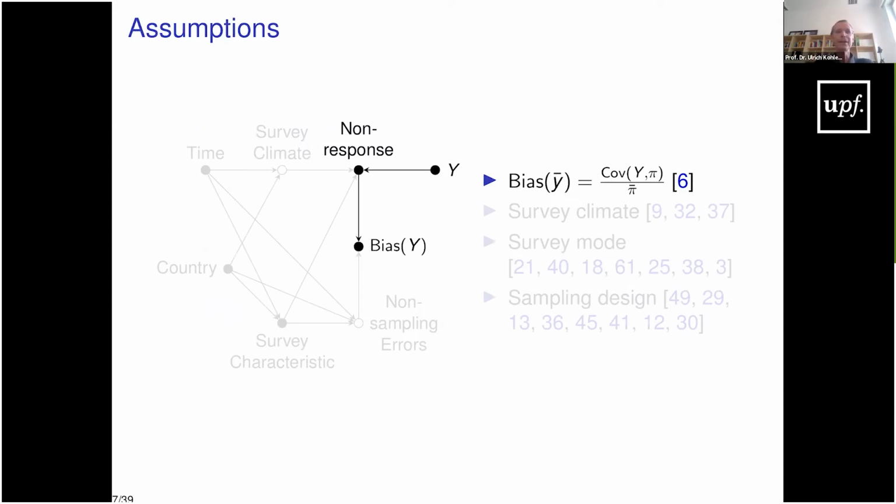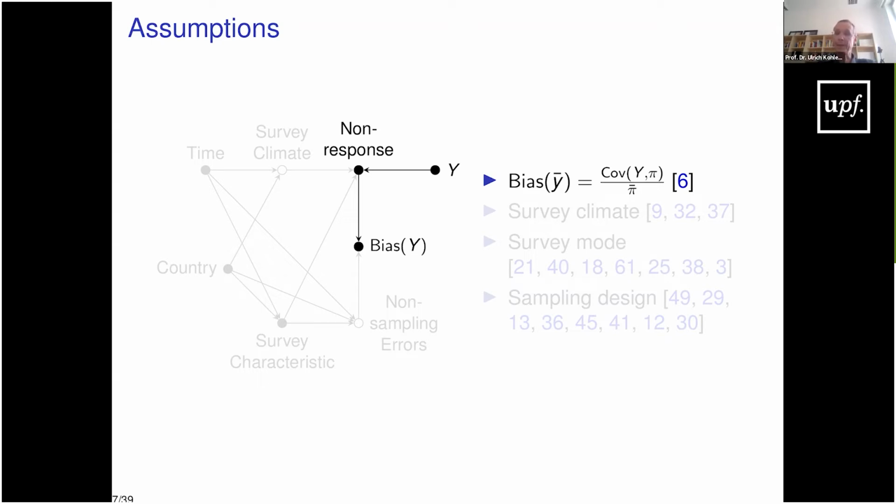So, theory. The unit non-response bias is clearly defined by Jelke Bethlehem in an older paper. There are various ways to write down the definition of the unit non-response bias, but I use this one. The unit non-response bias in a simple random sample for the sample mean is the covariance of y and the response probability divided by the mean of the response probability.